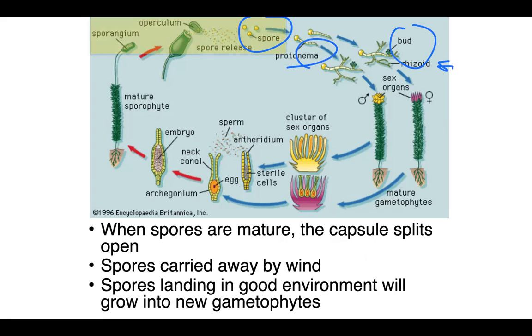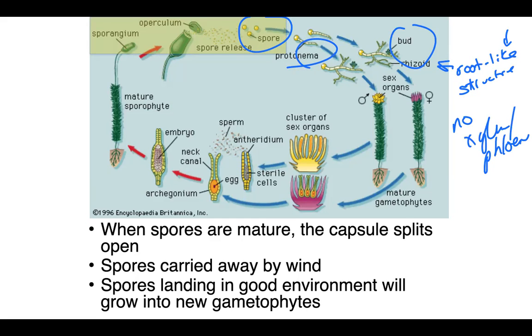Have I talked about rhizoids yet? Yeah. Rhizoids are the root-like structures. The reason I say root-like is because there's no xylem or phloem, so it cannot be a root. And then they develop into gametophytes.